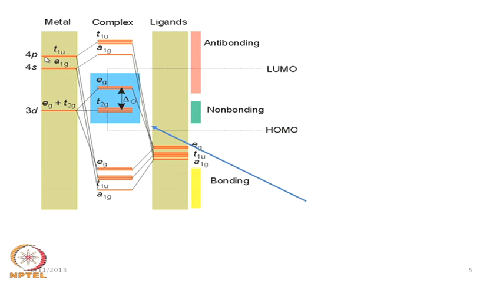These higher energy atomic orbitals interact with the ligand side A1g and T1u symmetry, and these four orbitals give the corresponding ligand field molecular orbitals of A1g and T1u symmetry.